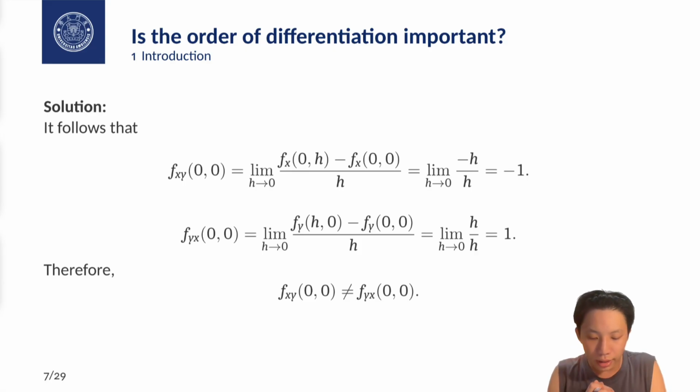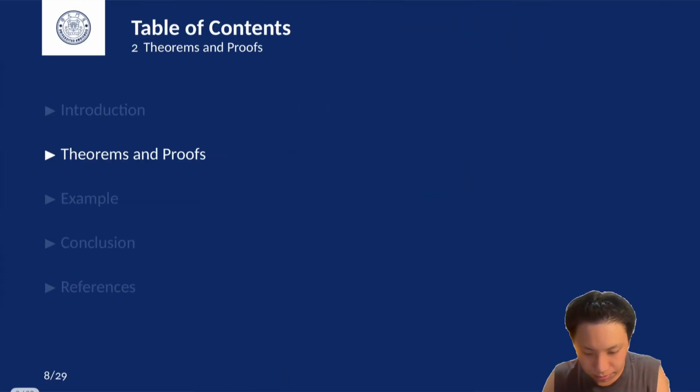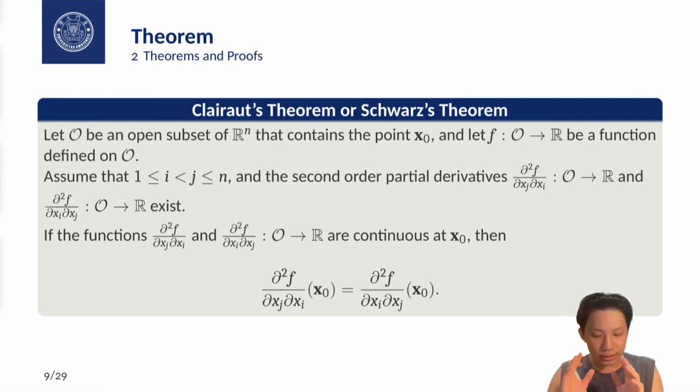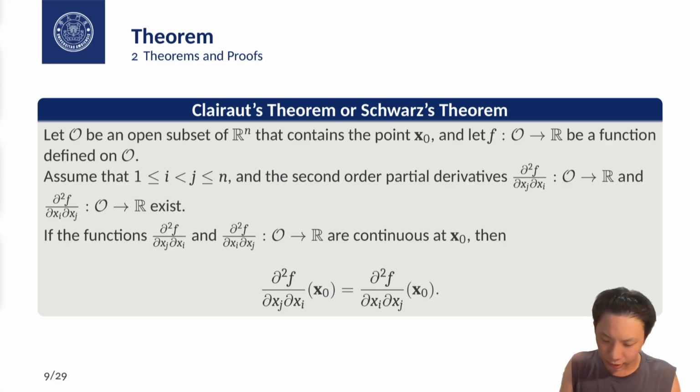Now let us introduce a very powerful theorem called Clairaut's theorem. If you see this theorem for the first time, you will feel that it is very hard to understand. But actually, it is not. This theorem is very easy to understand. Let me explain.